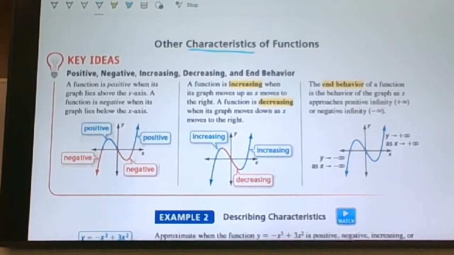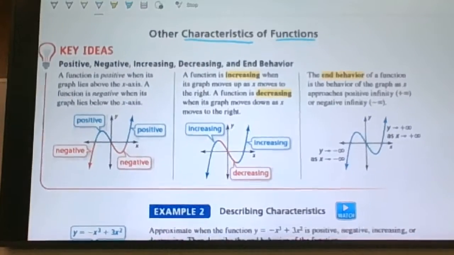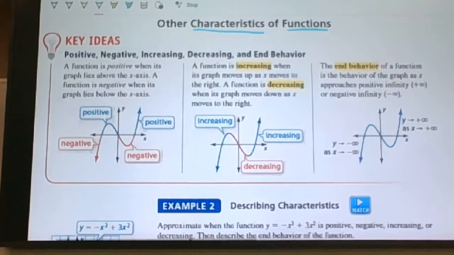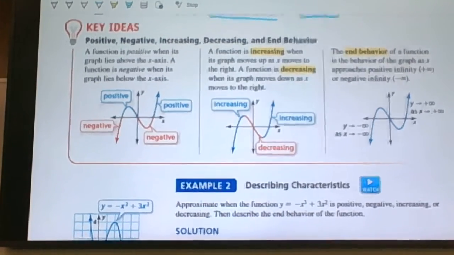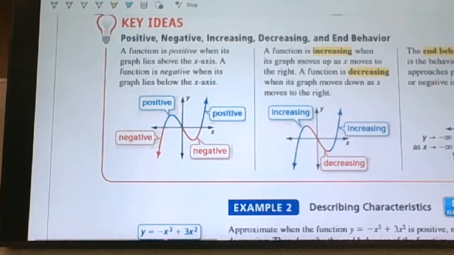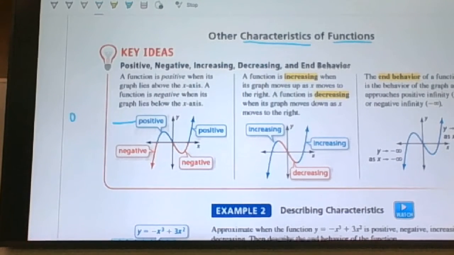Alright, so the theme here is characteristics of functions and different ways to describe equations. So there's two things happening in this data. There's talking about positive, negative, increasing, and decreasing. If it's above the x-axis, you describe it as positive.